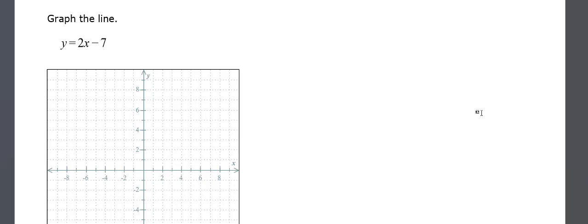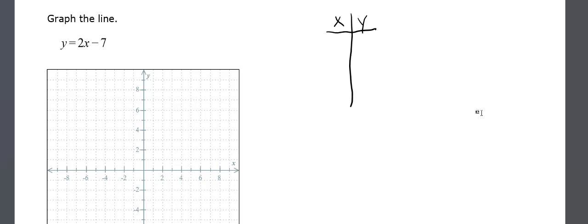So in order to make a table for y equals 2x minus 7 and to graph the line, remember, the line represents every possible solution to the equation. So I can choose whatever I want in the table for x or y.